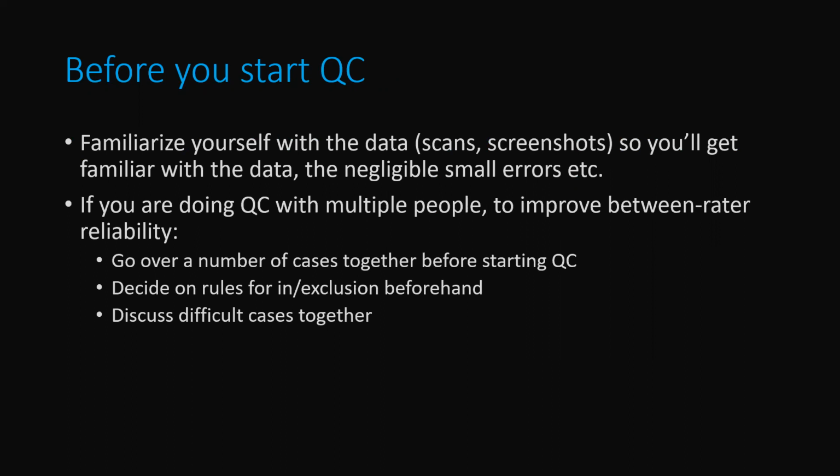Maybe each of the raters does the same 30 cases, and then you can convene and see if you came to the same conclusions. You want to decide on these rules for inclusion or exclusion beforehand, so you're deciding this on the same rules. And you could, for example, also discuss difficult cases together at the end.